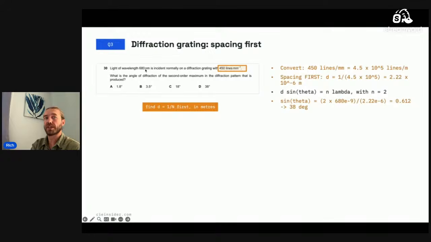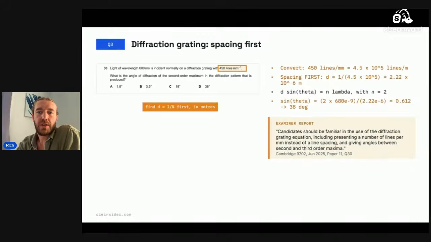Once again, we have a prefix in there, and we need to make sure that we are correctly having that as minus 9. Divided by our 2.2 times 10 to the minus 6 should give us 0.612. If we then do the inverse sine, you should get 38 degrees. So D is the correct answer.